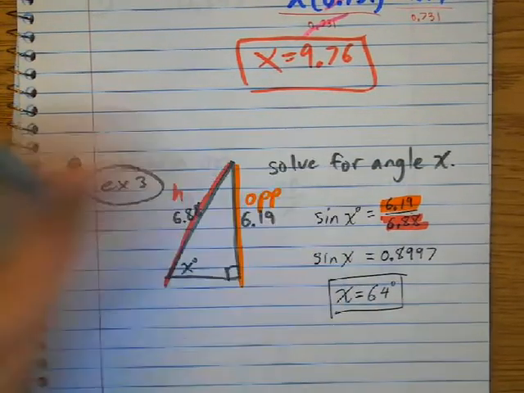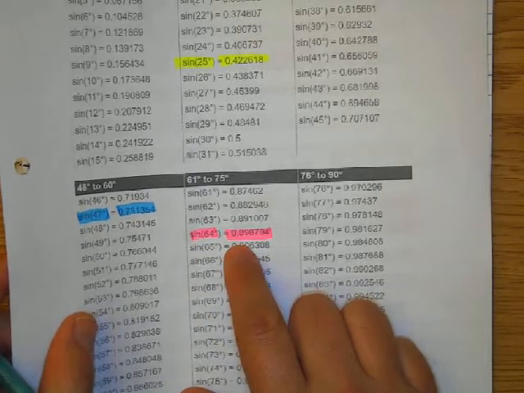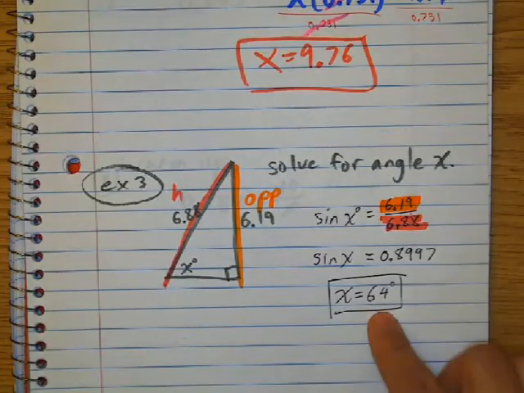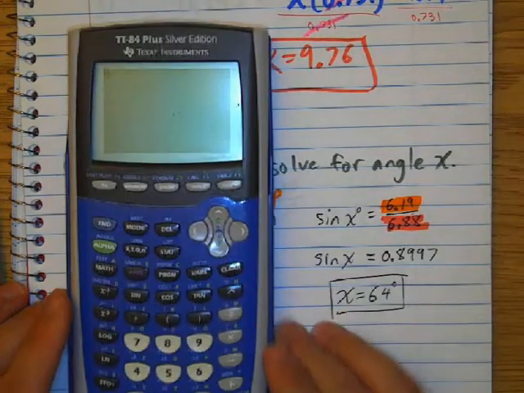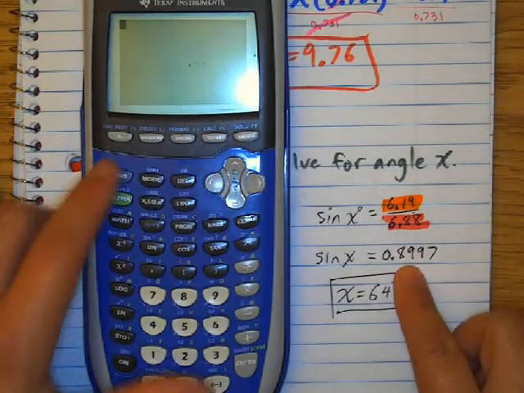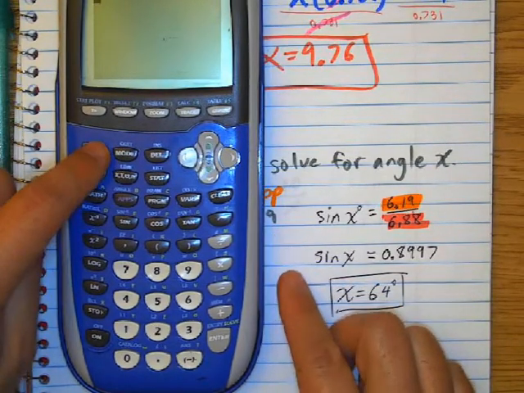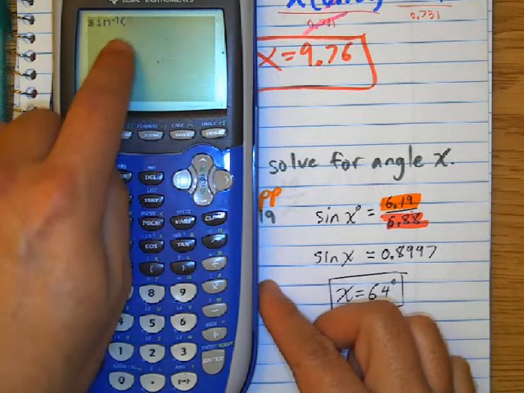So basically what we're saying is when we have 64 degrees, we're going to have 0.899. Now, if I want to use my calculator to go in reverse, I'm going to have to do something called inverse sine. So I'm going to hit the second button, and then I'm going to hit sine, and it's going to give me the sine with this little -1.